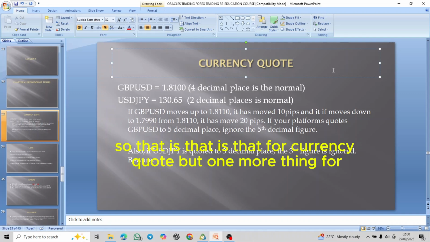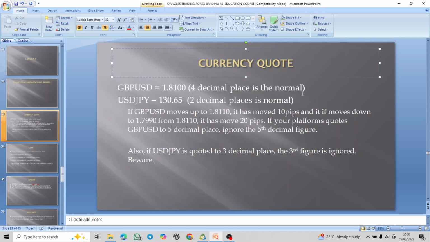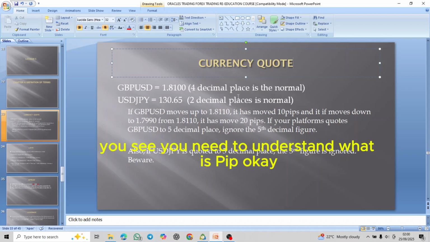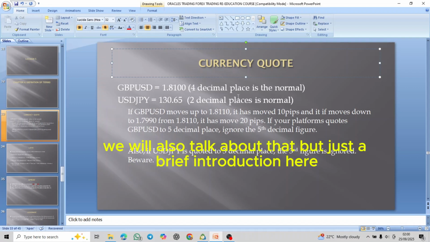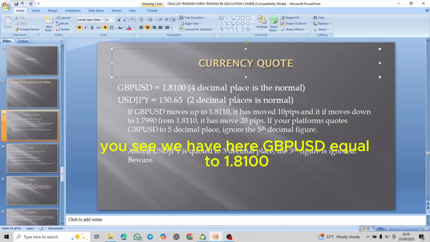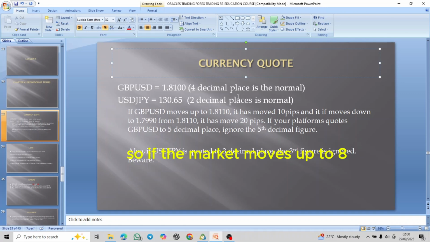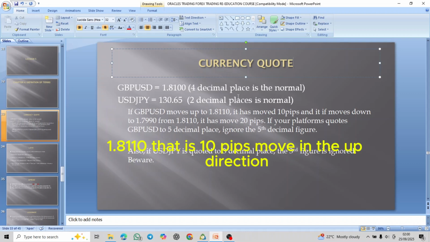But one more thing for people that are absolute beginners, you need to understand what is a pip. We will also talk about that, but just a brief introduction here. You see, we have here GBP USD equal to 1.8100. So if the market moves up to 1.8110, that is a 10 pips move in the up direction.